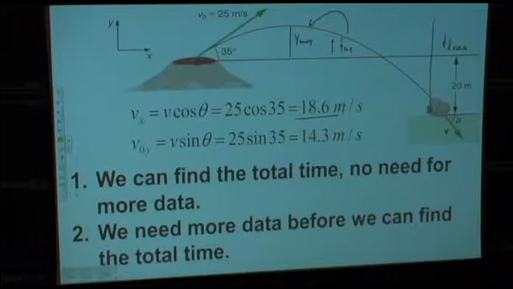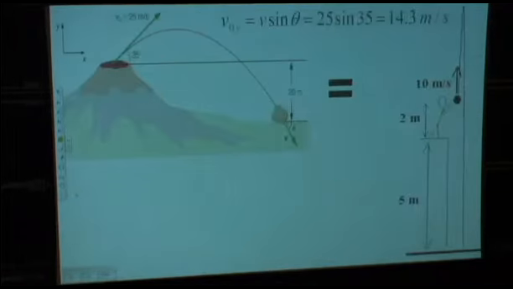We know the x and y components of initial velocity, and we know that the landing position is 20 meters below the launching point. So that's completely sufficient to calculate the total time if we need that.